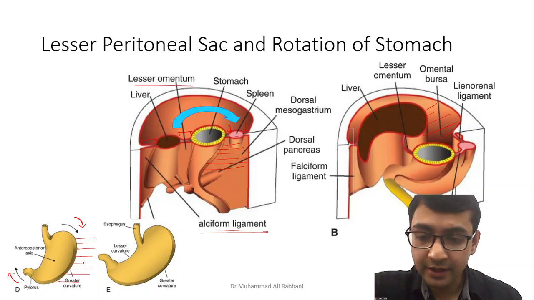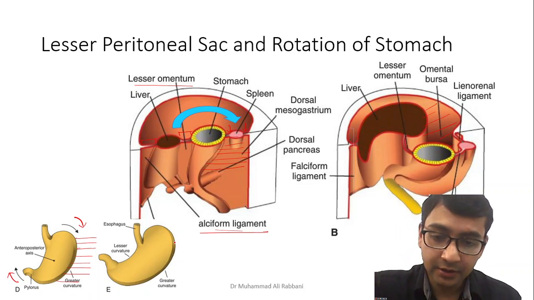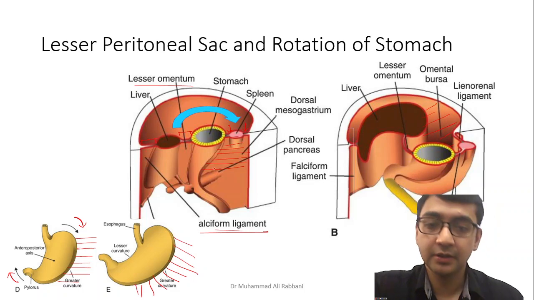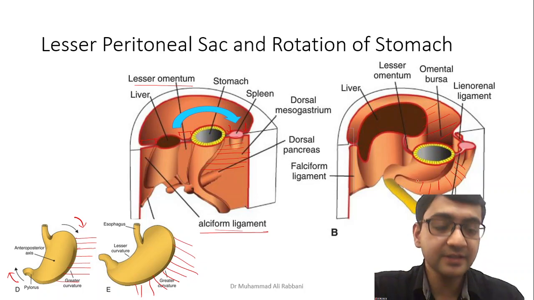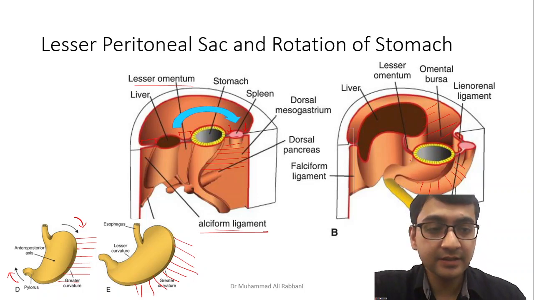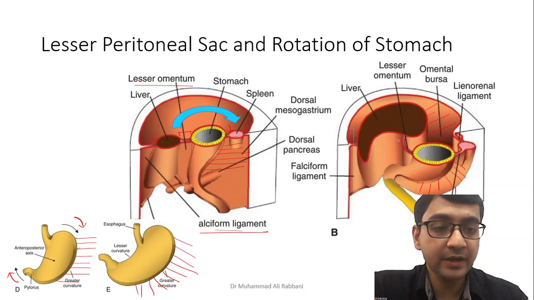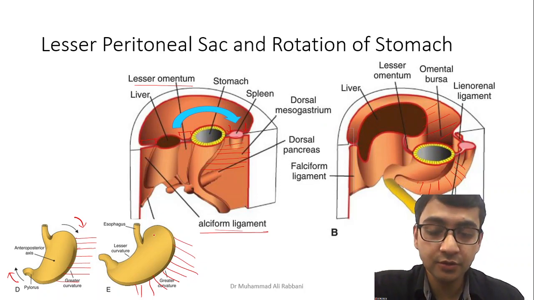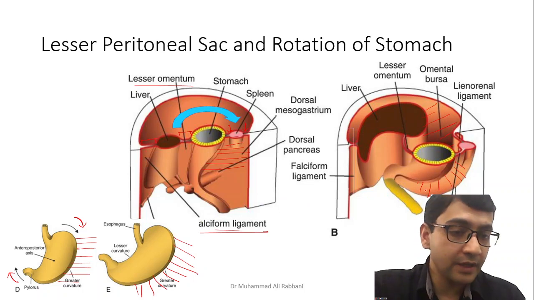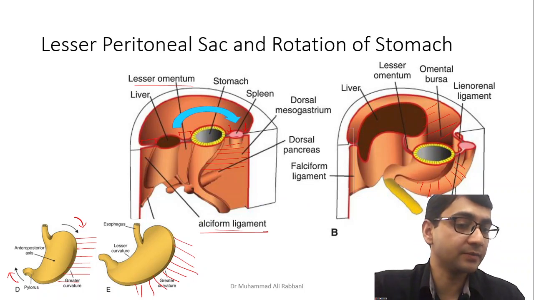The direction of these fibers also changes. The fibers become like this. So this lesser sac not only expands sideways due to this change of fibers, due to this rotation of stomach, it now has the ability to extend downwards.